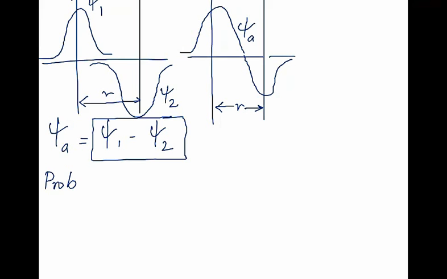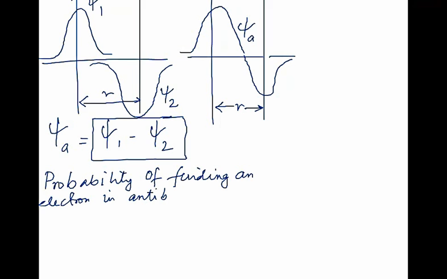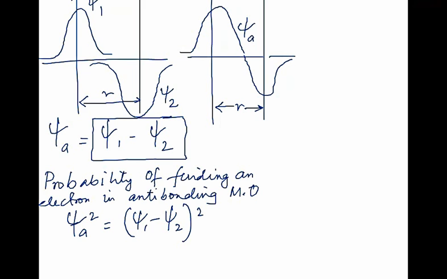The probability is given by psi A square, which is equal to psi1 minus psi2 whole square, which is equal to psi1 square plus psi2 square minus 2 psi1 psi2.